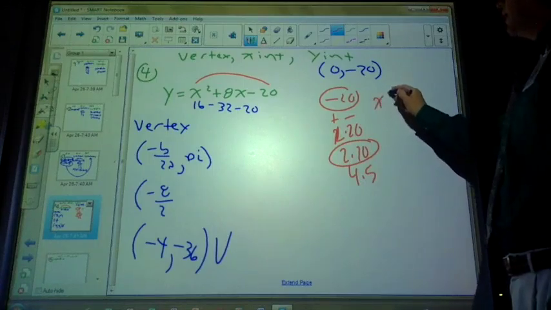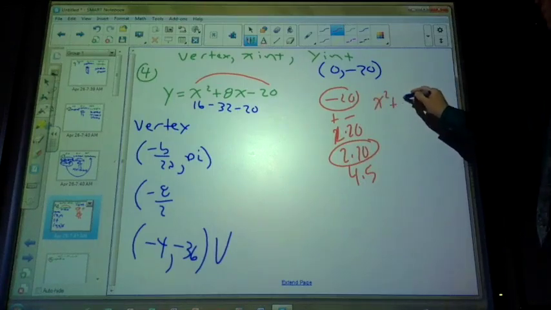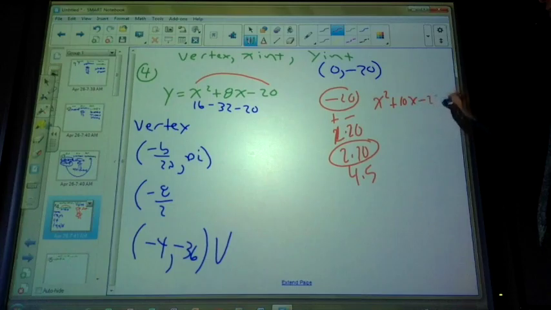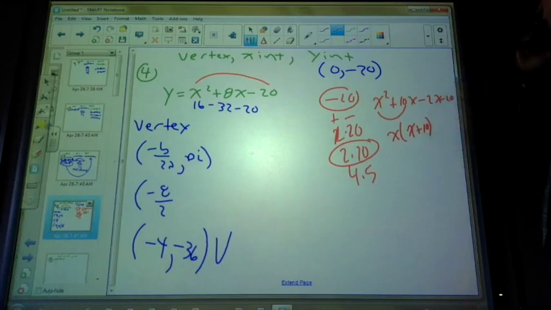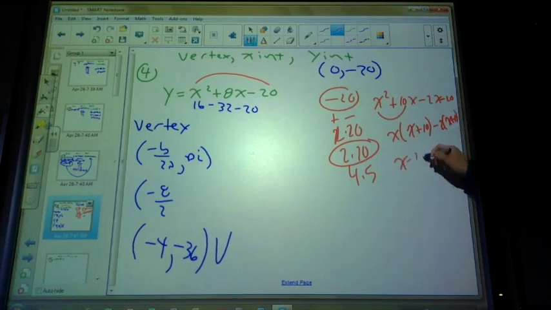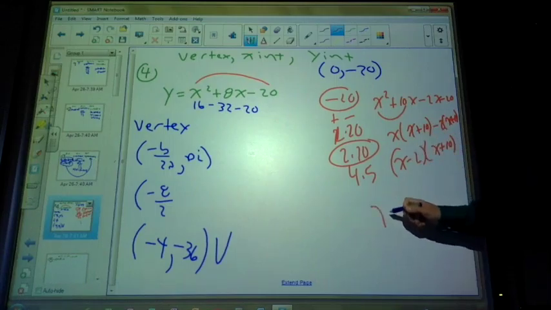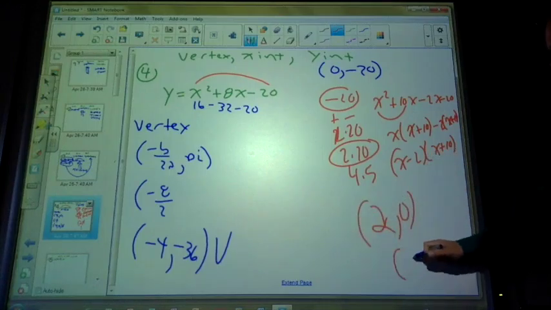So I have x squared plus 10x minus 2x minus 20. So I get x minus 2, x plus 10. Solve each of those for 0 to get your x-intercepts. So you're going to have 2 comma 0 and negative 10 comma 0.